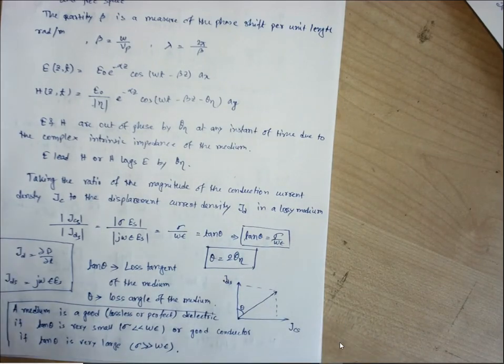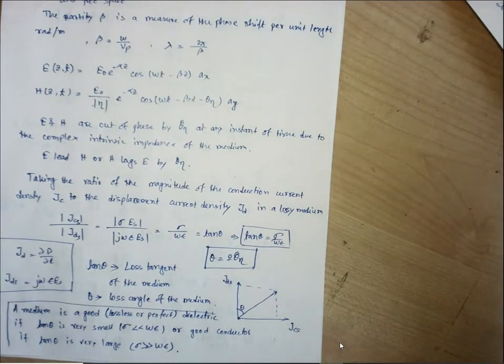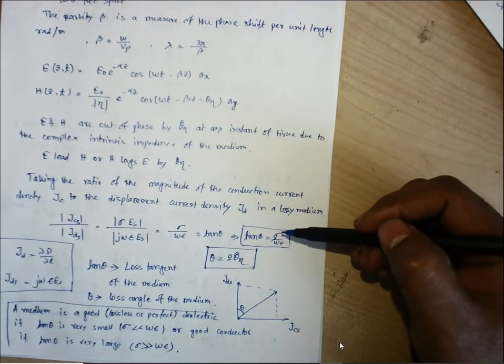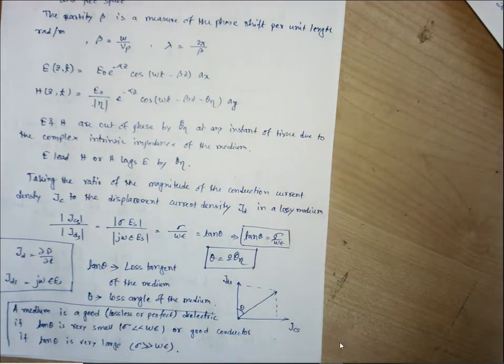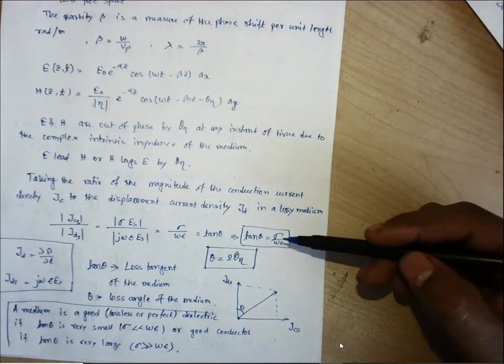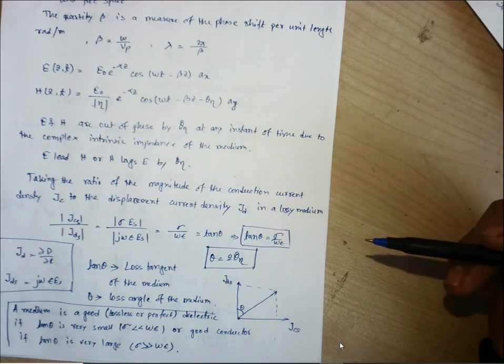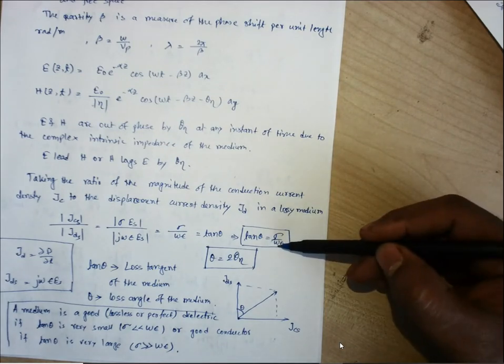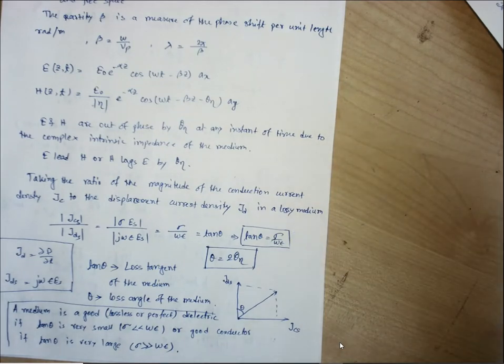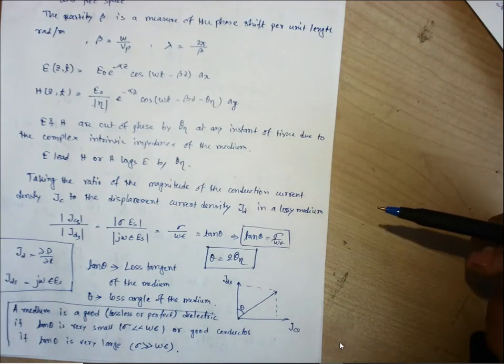For a particular medium, let us consider free space or any lossless dielectric, sigma and epsilon are fixed, we can't change them, but this tan theta will also change if frequency is changed. So for low frequency, tan theta will be higher.